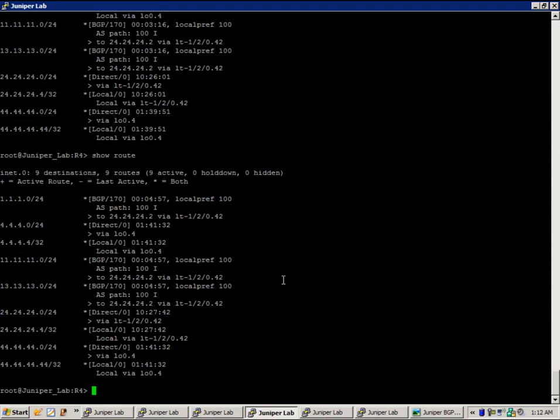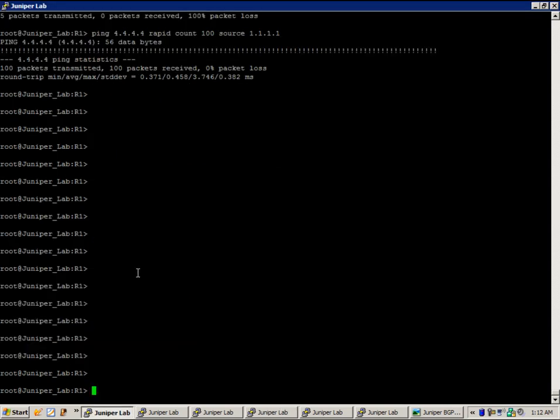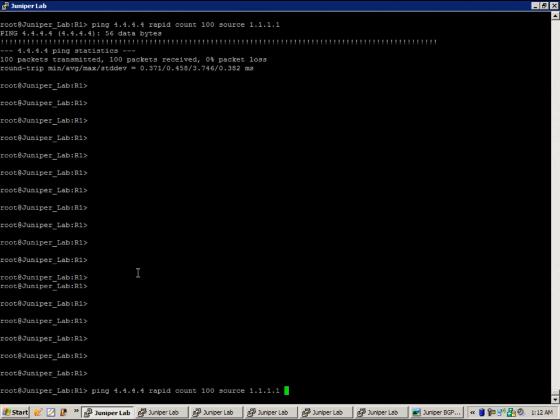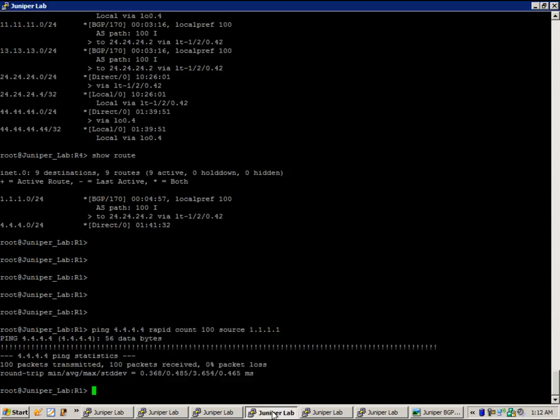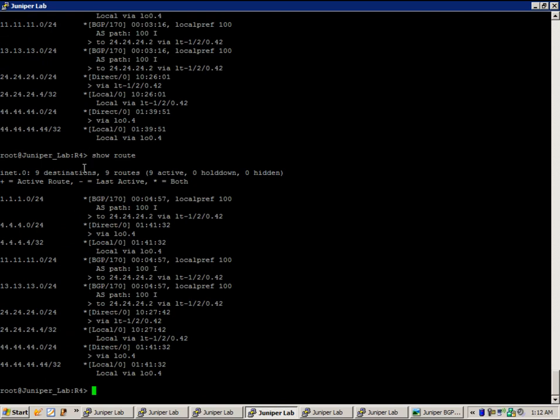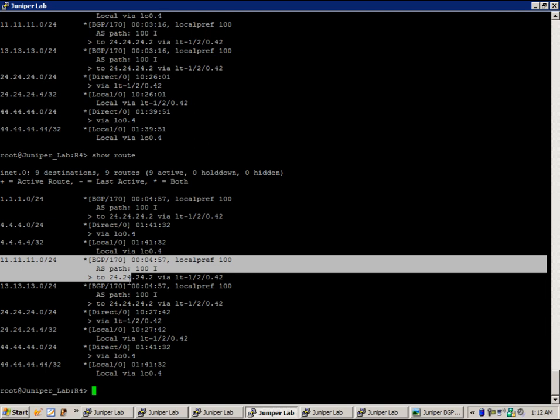I apologize for that. What I wanted to do is source that ping from the 1 network. So if we ping 4.4.4.4 and source it from the 1 network, we can see that we have reachability. And that is because if we go to router 4 and look at the routing table, we now see the 1 network and the 11 network, which is off of our loopback 0.1, which was directly connected.